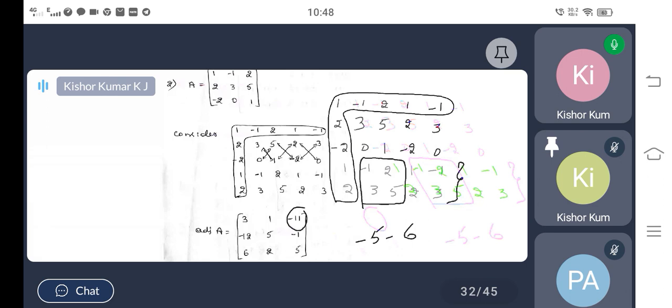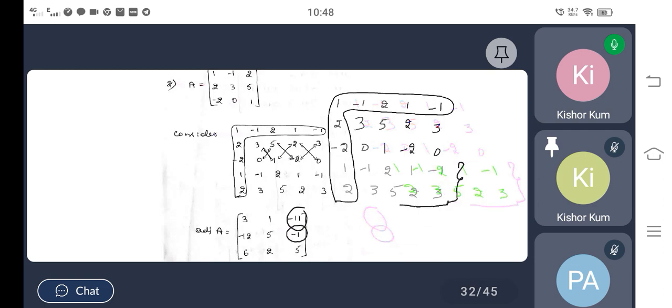And the next four terms: 2, 1, 5, 2. You can do the simplification of this. So it will be 2 into 2, minus 5. It is minus 1. And the last four elements are these four elements.